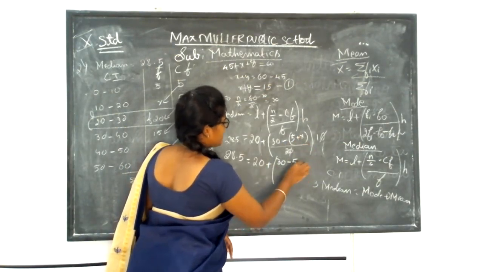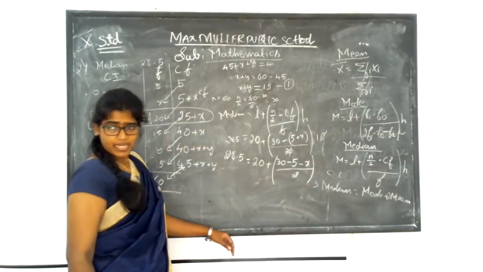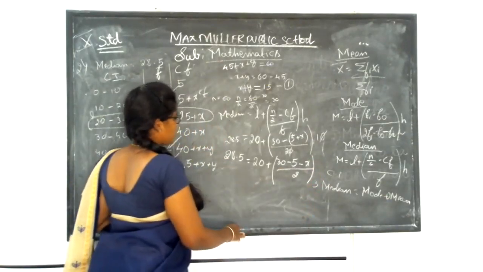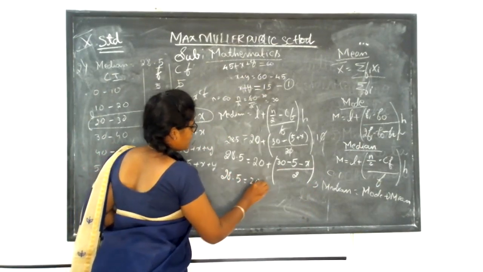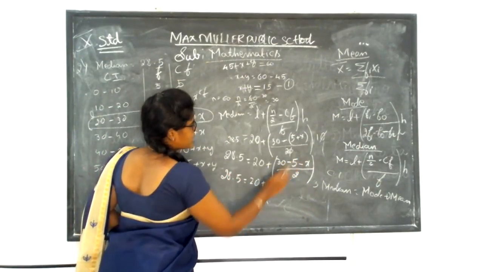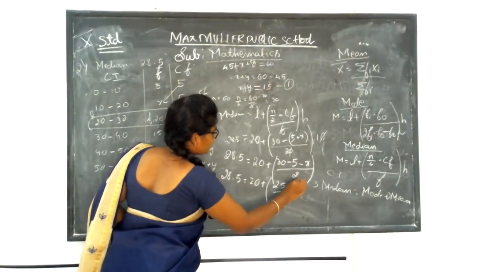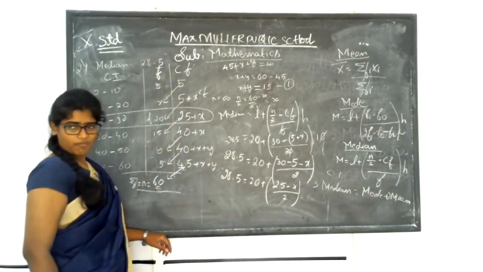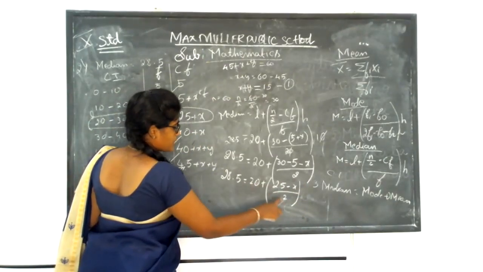Minus into plus will be minus x, divided by 2. Is this step clear for you? Then 28.5 is equal to 20 plus 30 minus 5 is 25 minus x divided by 2. Now here it is 20, here it is 20 and here it is 2.